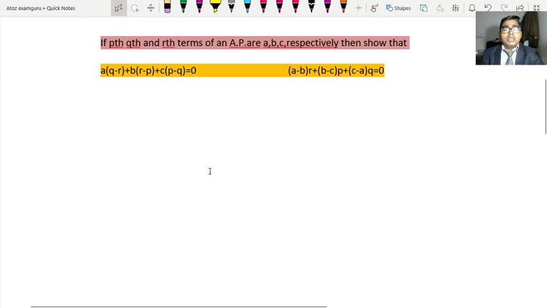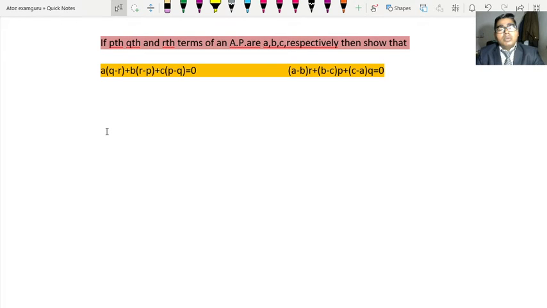The question given is: if the pth, qth, and rth terms of an AP are A, B, C respectively, then show that A into q minus r plus B into r minus p plus C into p minus q equals 0.